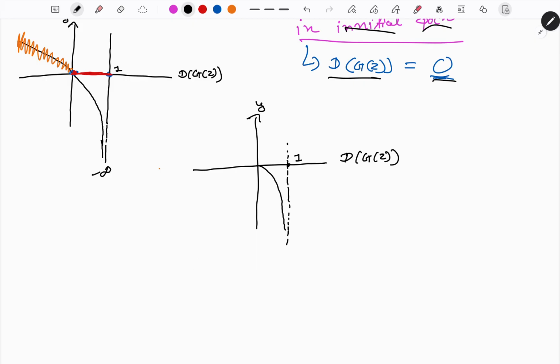Consider these types of graphs. If I'm asking what the derivative is at a particular value, you can say that the slope at that point is the derivative value. Derivative and slope are almost equal, and the slope is the tangent at that point.